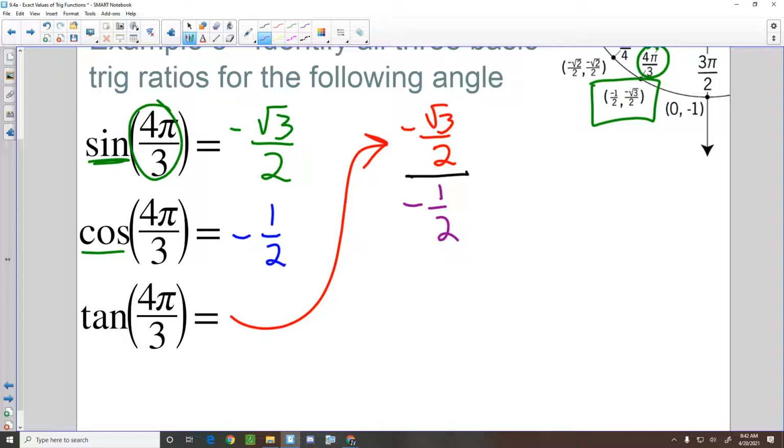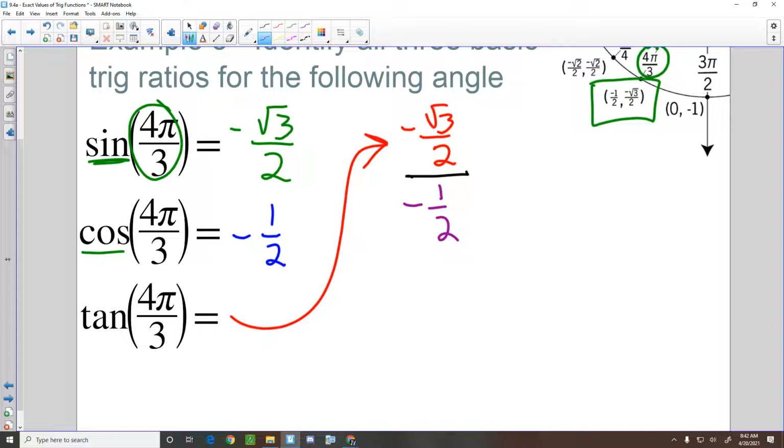They're both negative, though, because it's in quadrant 3. So the first negative divided by negative. And what is the square root of 1? It's just 1. And if you have anything divided by 1, it's just itself. So you can just write that numerator. And you're good to go.